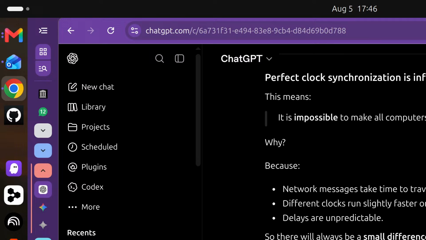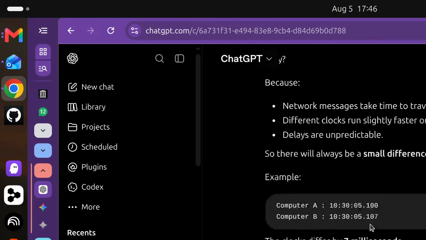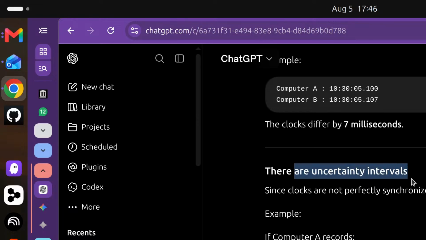For some, 1 minute is 60 seconds, for others 1 minute could be 59.9999999 seconds. So there will always be a small difference. For example, computer A and computer B could differ by 7 milliseconds. So there are uncertainty intervals.